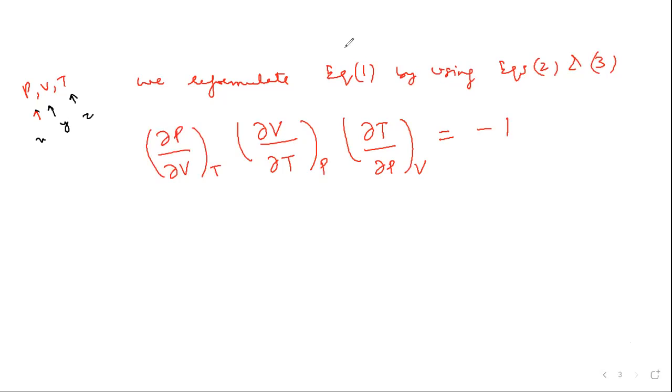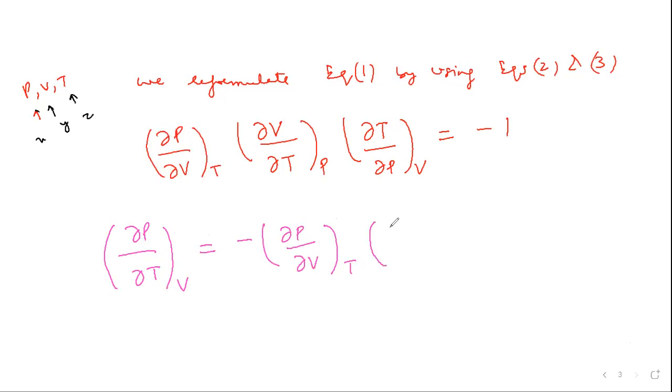Now, let me use this color. I can write dou P by dou T at constant V equal to minus dou P by dou V at constant T times dou V by dou T at constant P. See what we have done?